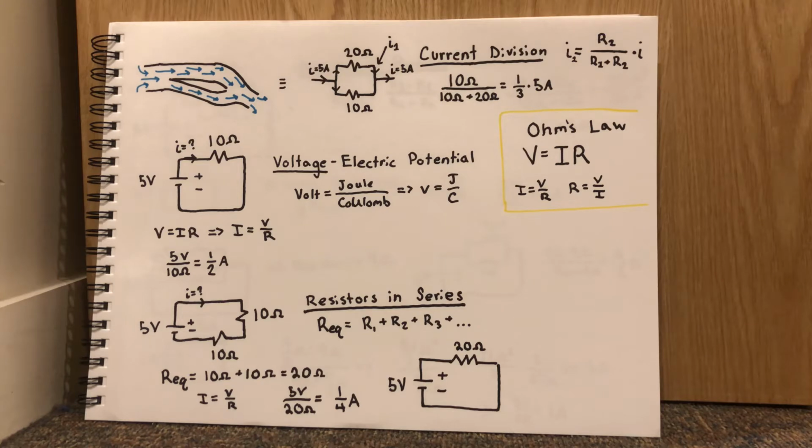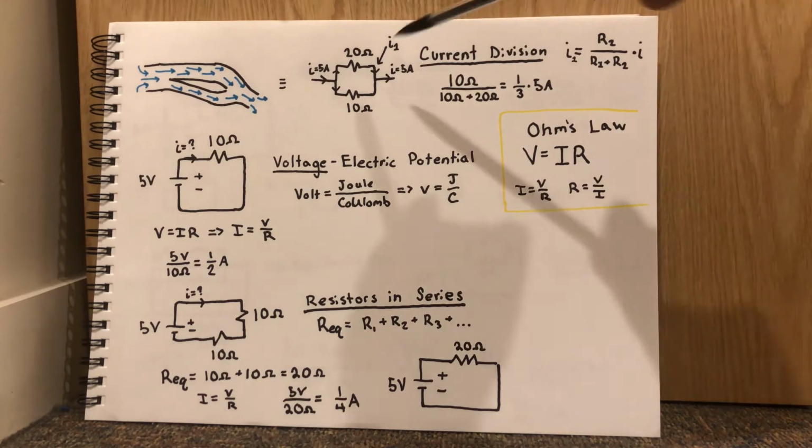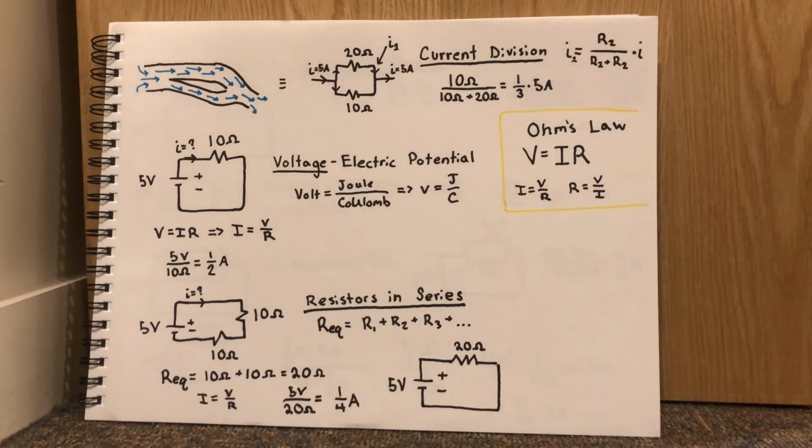If we do our calculations here, we use the opposite resistor, and we get 10 ohms over 10 ohm plus 20 ohm, which gives us a 1/3 ratio. So 1/3 of the current is going up to this 20 ohm resistor versus 2/3 of it going downward. Now if we want to get our total current on this side, we multiply times our source amperage, which is 5 amps, so we'll end up getting 5/3 amps.